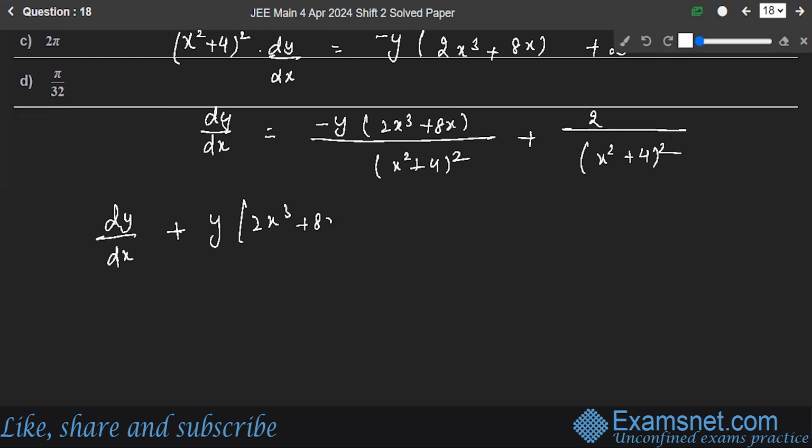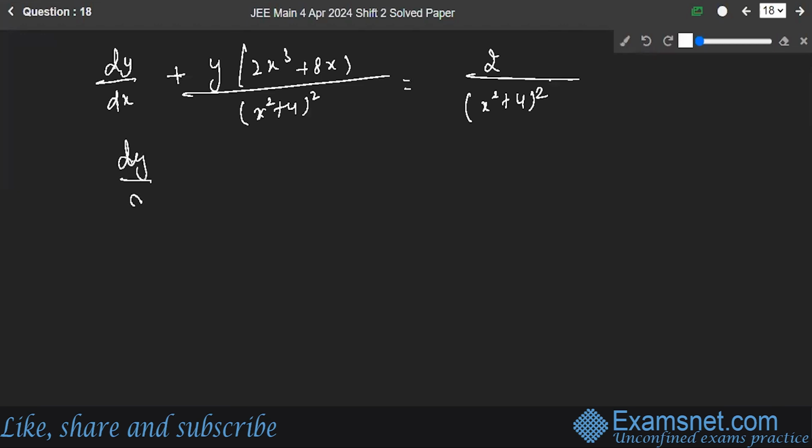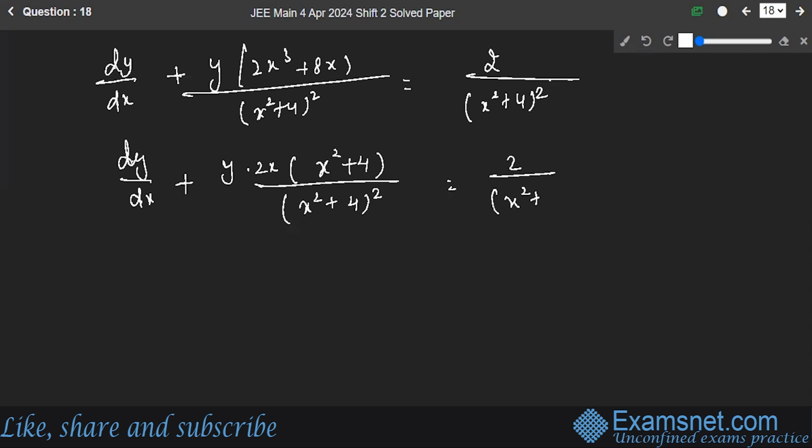So dy/dx, let's write it in this form: dy/dx plus y (2x³ + 8x) upon this is equal to 2 upon this term. Further, dy/dx plus y, here I'm taking 2x common, and (x² + 4) divided by (x² + 4)² is equal to this.